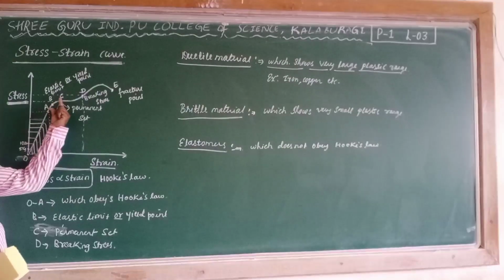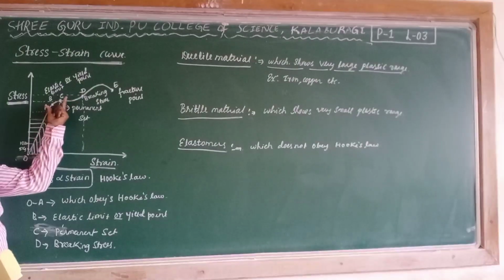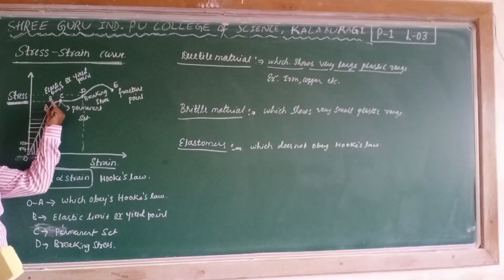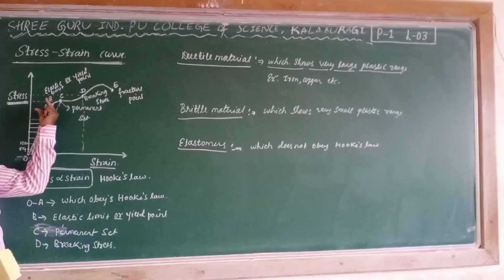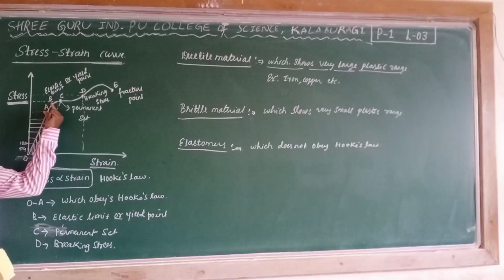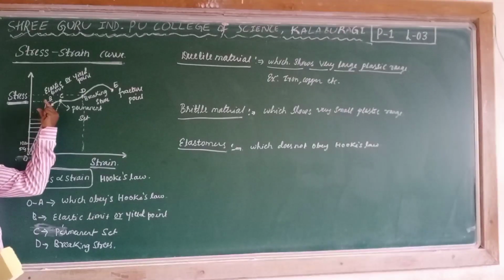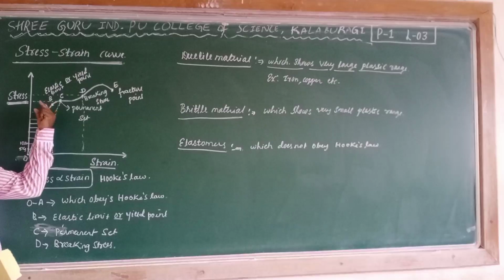Beyond point A, up to B it is elastic, but this region we call elastomers. Why? Because in this region it does not obey Hooke's law.